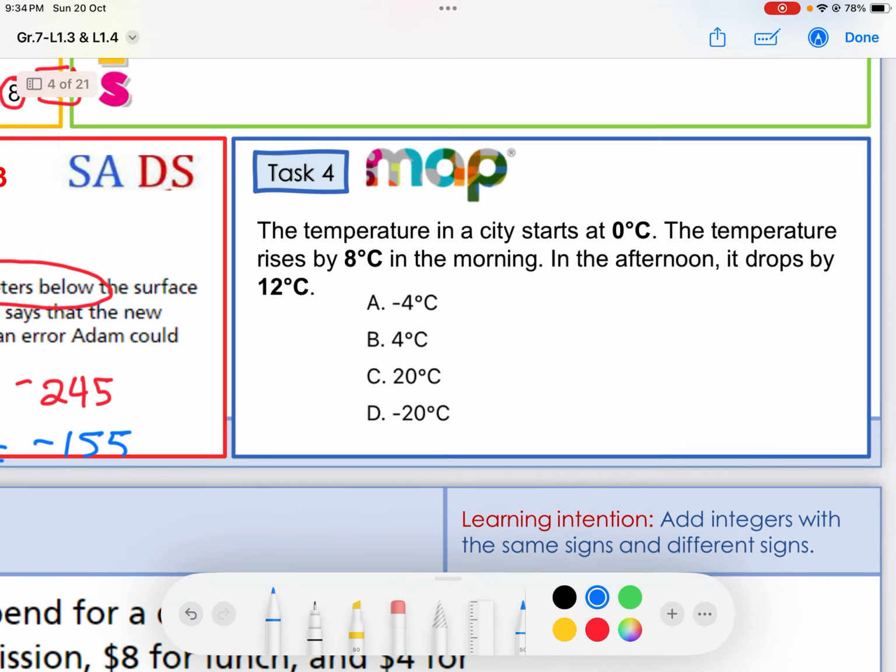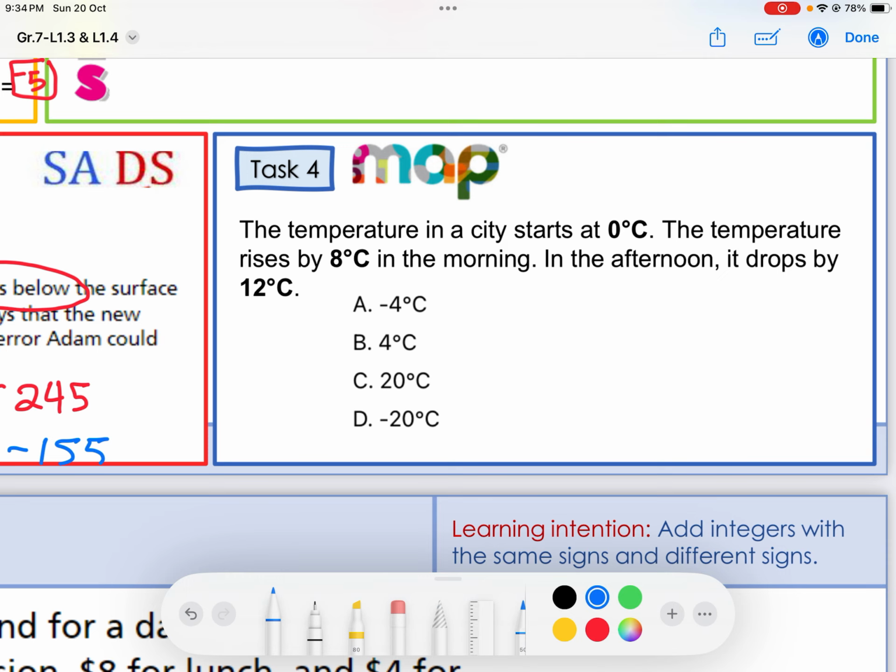Okay, so please focus on the keywords again. The temperature in a city starts at 0, then the temperature rises by 8. It rises by 8, that means I have positive 8 in the morning. In the afternoon, what happens? It drops by 12. Drops means I have plus negative 12 because of the word drops.